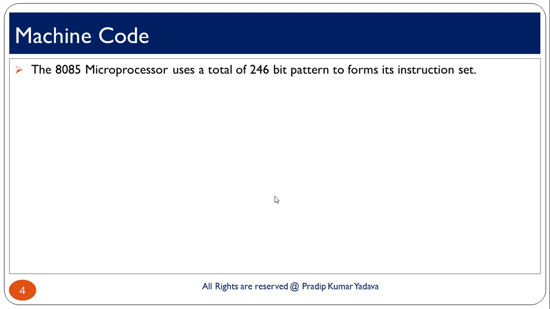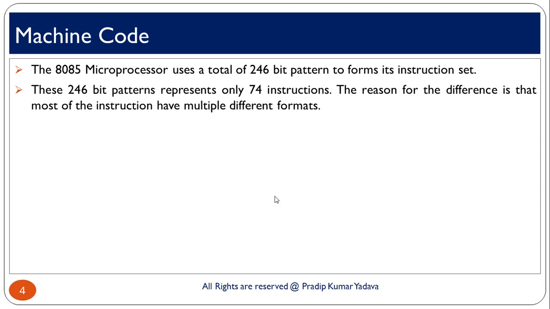Now, the 8085 microprocessor uses a total of 246 bit patterns to form its instruction set. An instruction means a command given to the microprocessor to tell which operation the processor has to perform.